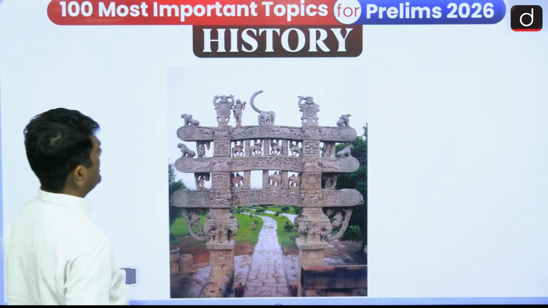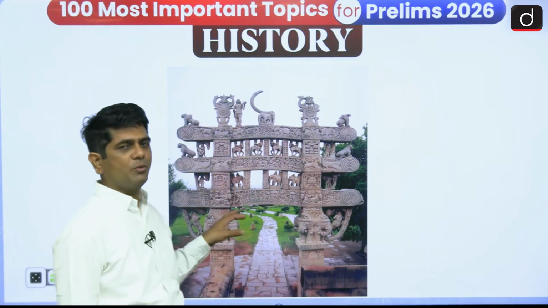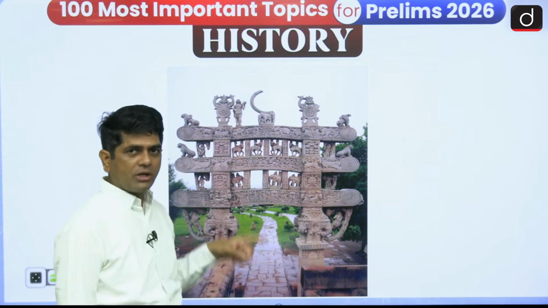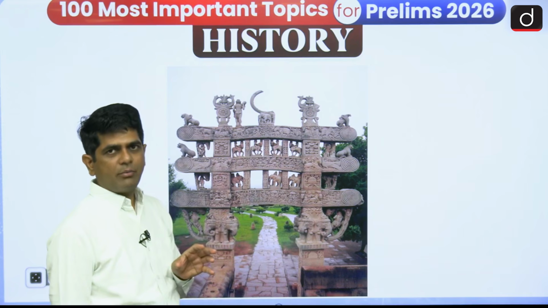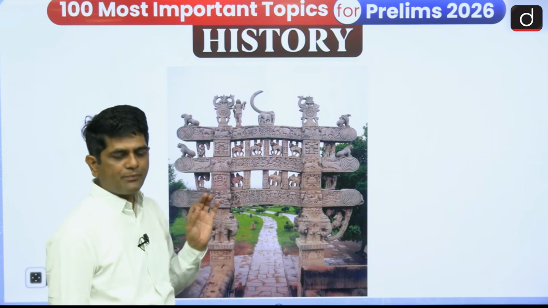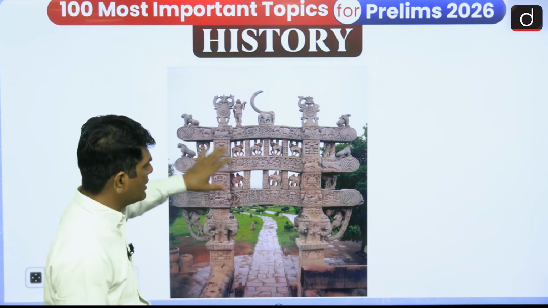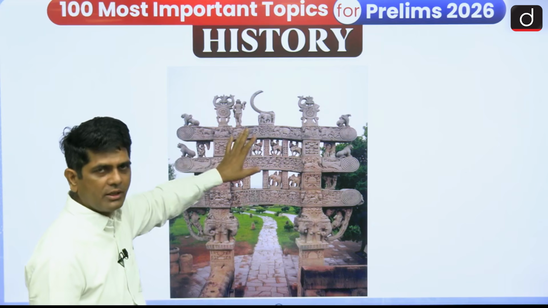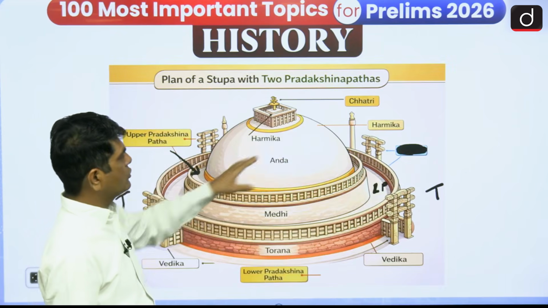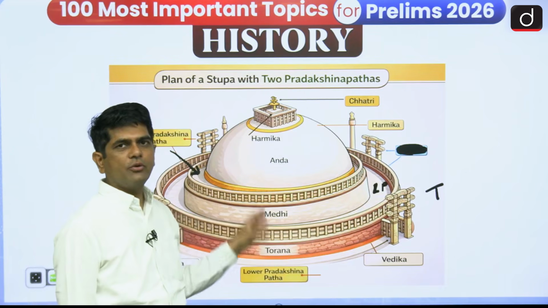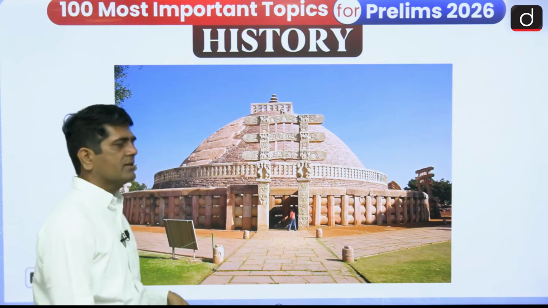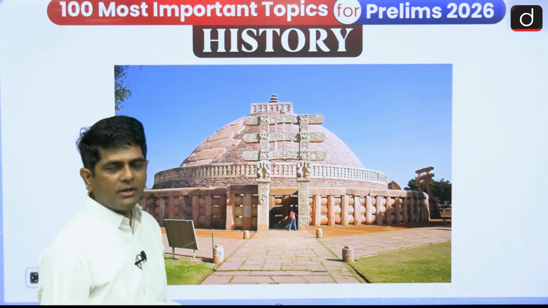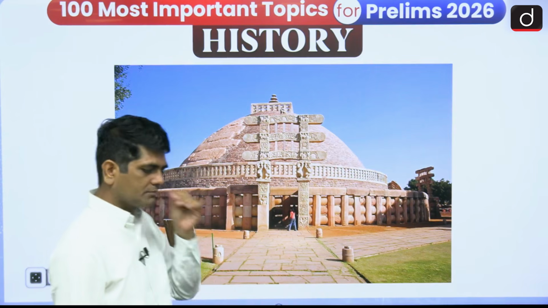And see here we have the Torana of the Sanchi Stupa. Remember, the Torana represents the most decorated part of the stupa. The highly decorated part of the stupa is what? The Torana. And the four Torana represent the four cardinal directions of the stupa. This is the Sanchi Stupa in Madhya Pradesh.